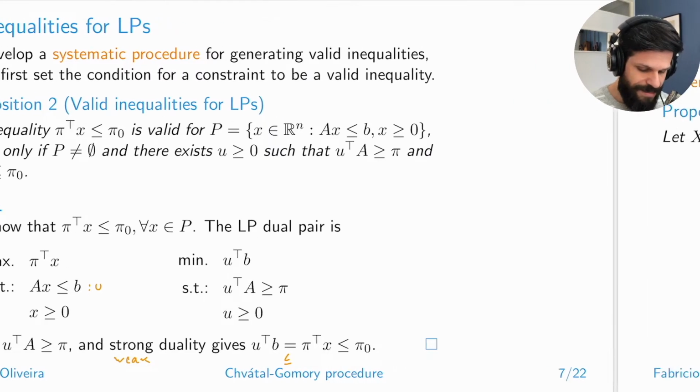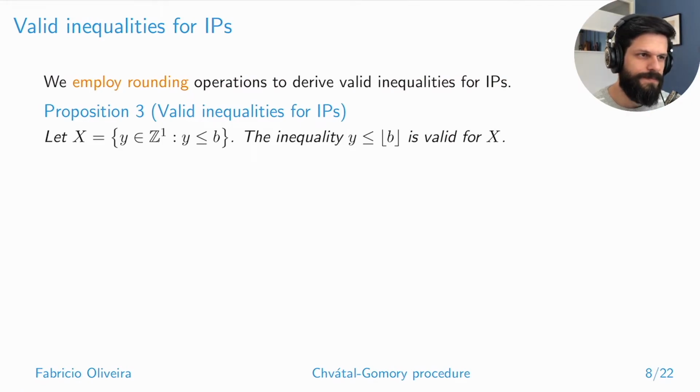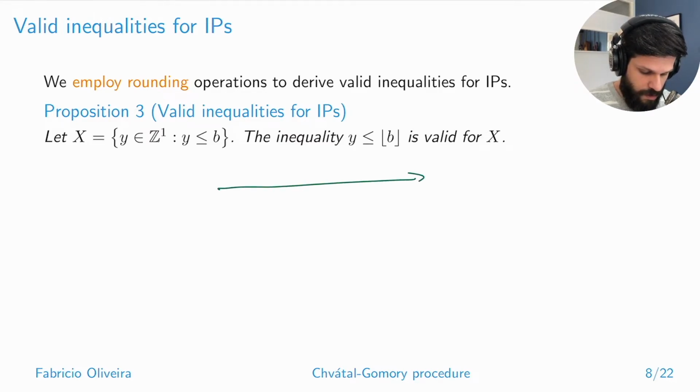Now, if we think about IPs, surprisingly, the way to generate valid inequalities for IPs is a simple operation of rounding, really. So basically, let's think about one dimension. This is the real line, and then we have 1, 2, and then we have this integer number, which is rounding down this value b.